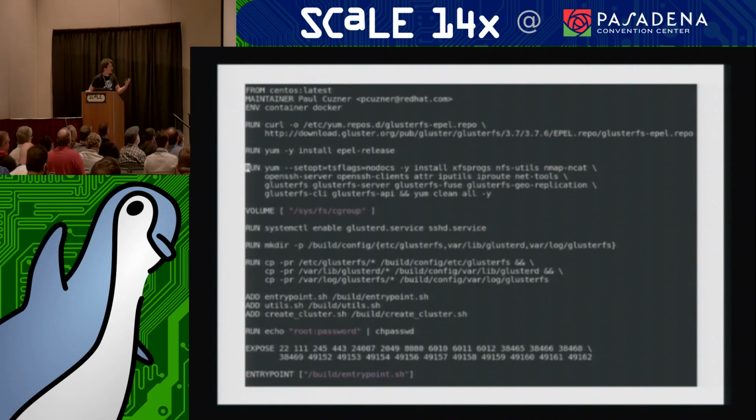And this is just a Dockerfile. Basically it's: CentOS, give me EPEL, give me Gluster, install the packages, and this is a big thing.